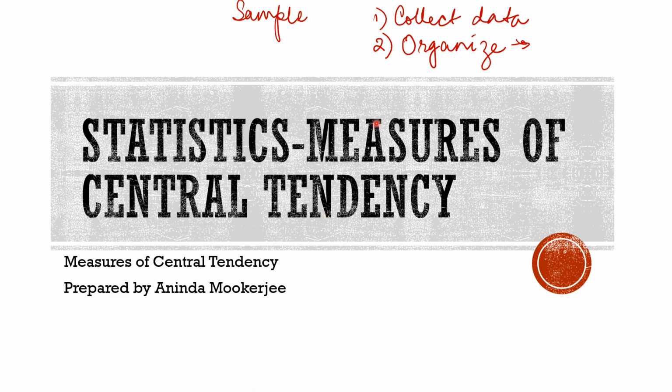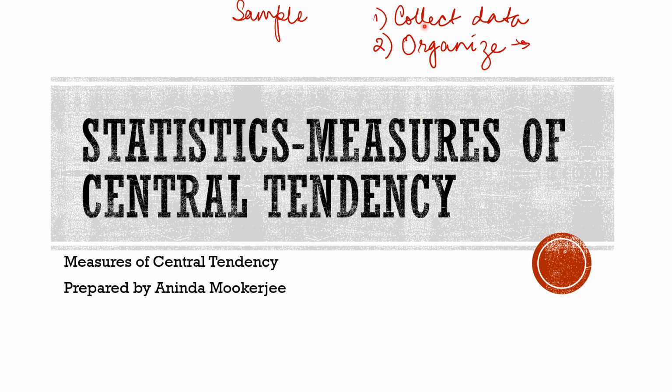We have to first set up frequency tables. And then once we have our frequency tables, we can graphically represent our data through charts, through pie graphs if it is qualitative data. And then what else did we learn? Histograms and stem and leaf diagrams and dot plots and all that, right?